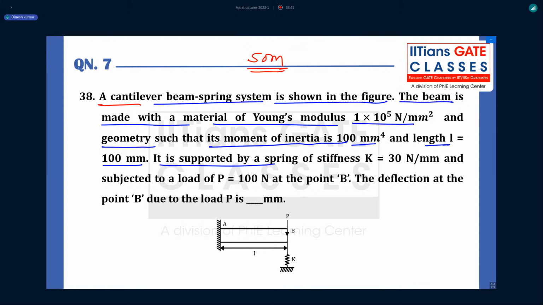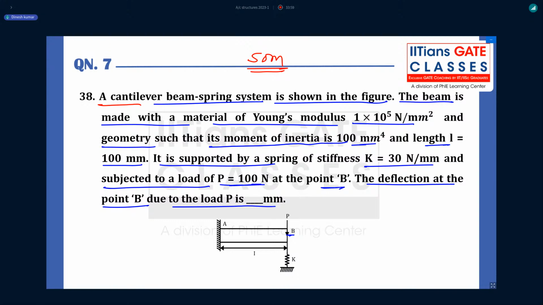It is supported by a spring of stiffness K equal to 30 Newton per mm and subjected to a load of P equal to 100 Newton at the point B. The deflection at the point B due to load P is.